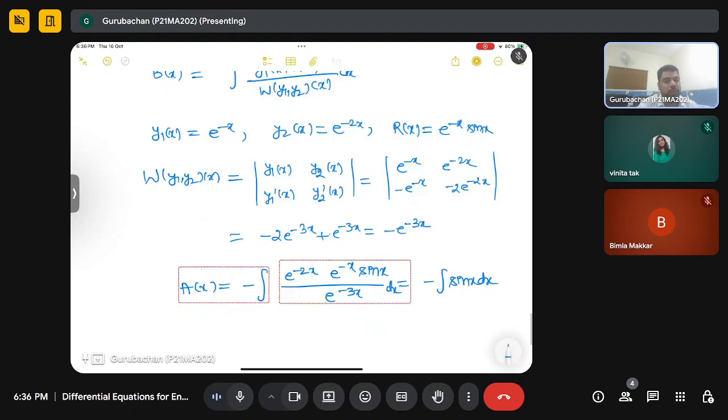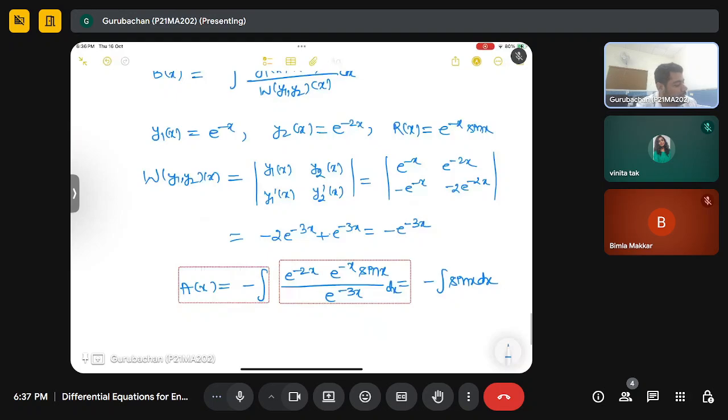Why are we choosing d1 as 0? Because we are finding a particular solution, so we don't need to carry forward this arbitrary constant. Next one is b(x), the integration of y1(x), that is e to the power minus x, into r(x), e to the power minus x sin x, divided by the Wronskian, dx.